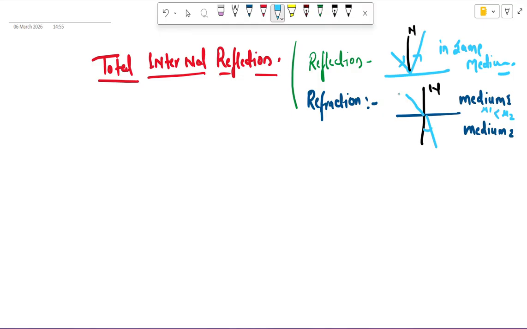In refraction, there is a condition in optics known as total internal reflection. In this phenomenon, the light goes from a denser medium to a rarer medium.